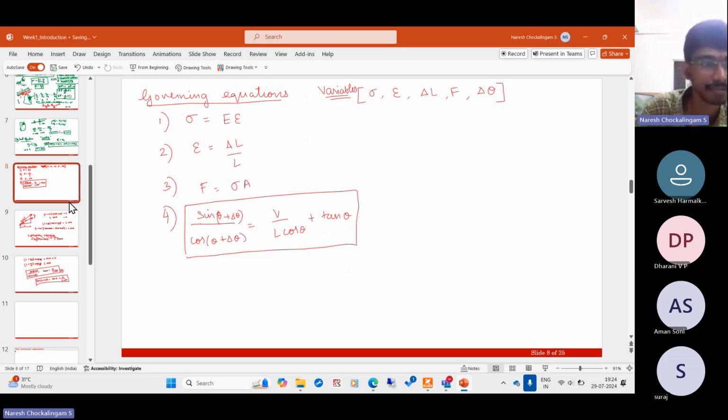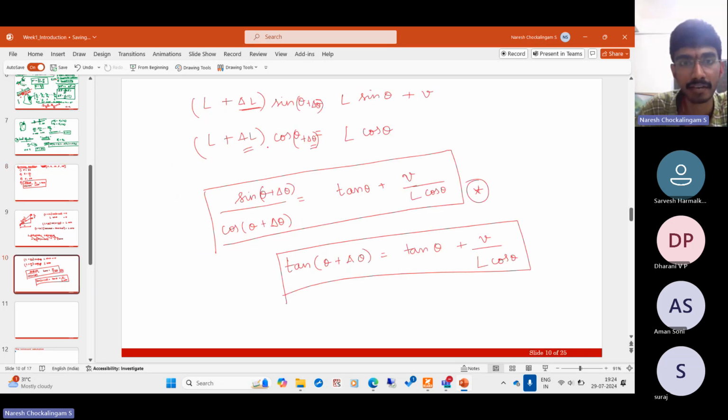The relationship between delta L and delta theta. I said those two are not independent, right? So you need another relationship. Here we already have 2 equations. We divided that and we got this equation. So use any one of them. Say you can use this actually. Use this so that you get a relationship between delta L and theta.